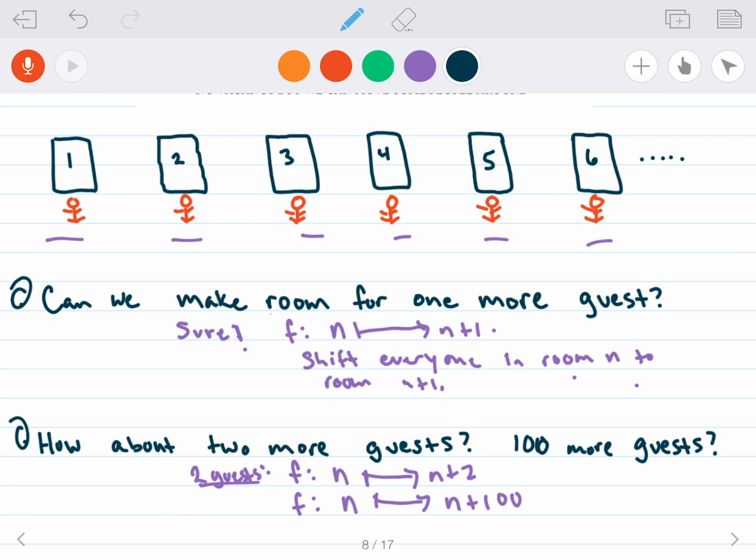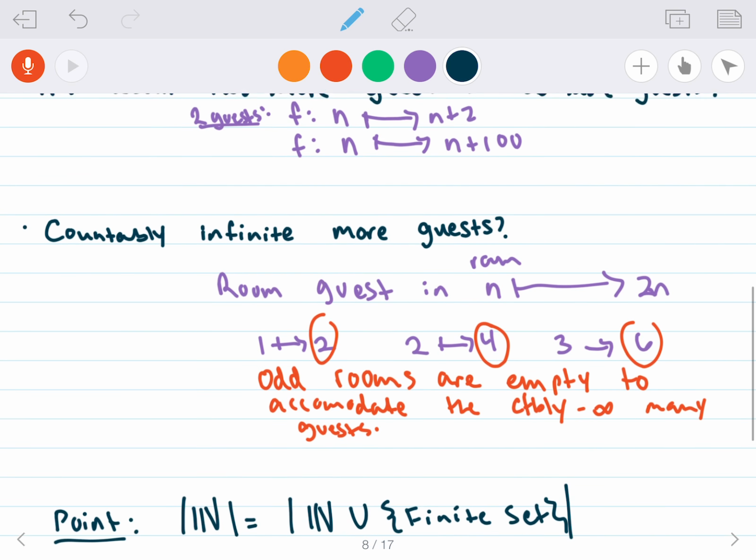That's what we're learning here: the naturals are the same size as the naturals union some finite set. So we can still fit everybody in a room, even if we're adding 100 more people or so.